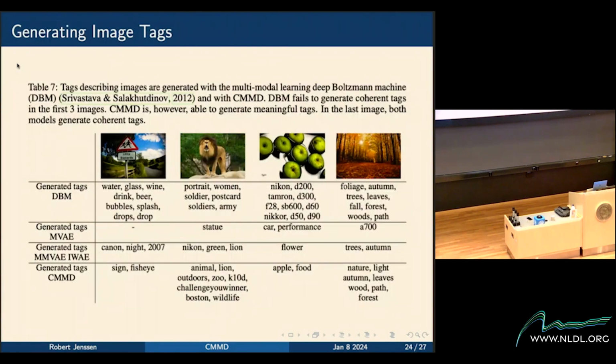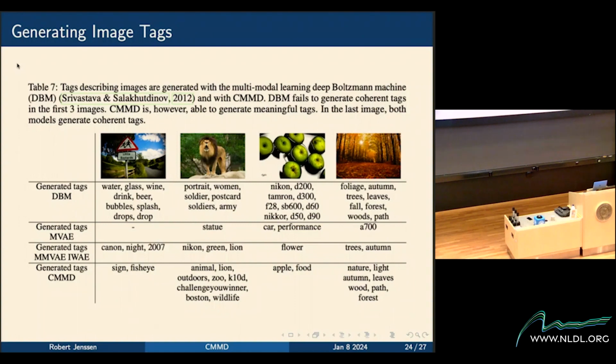This is generating image tags. So now this is a generative property, to generate tags based on only having the images at test time. But in training time, we had both tags and images available. And of course, it's difficult to say whether one thing is much more reasonable than alternatives. I guess it's a bit up to you.